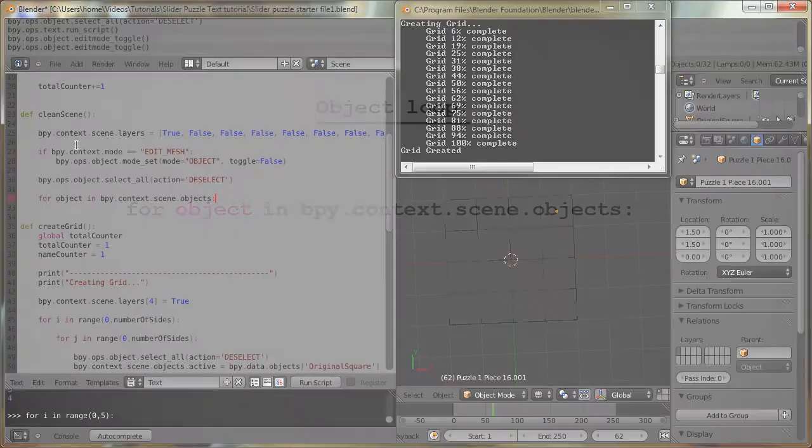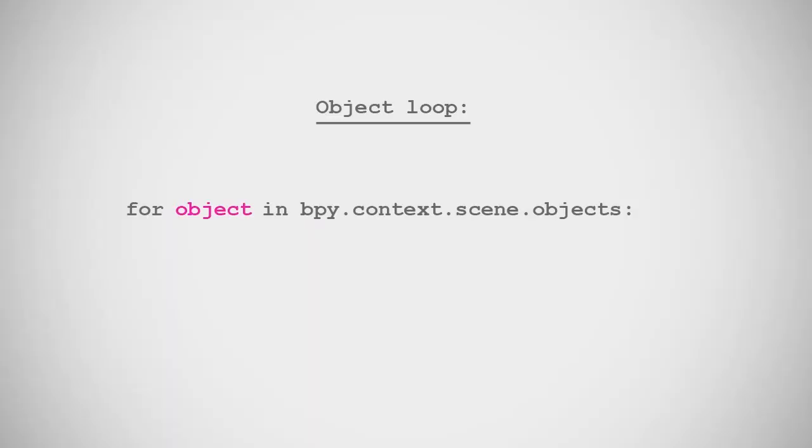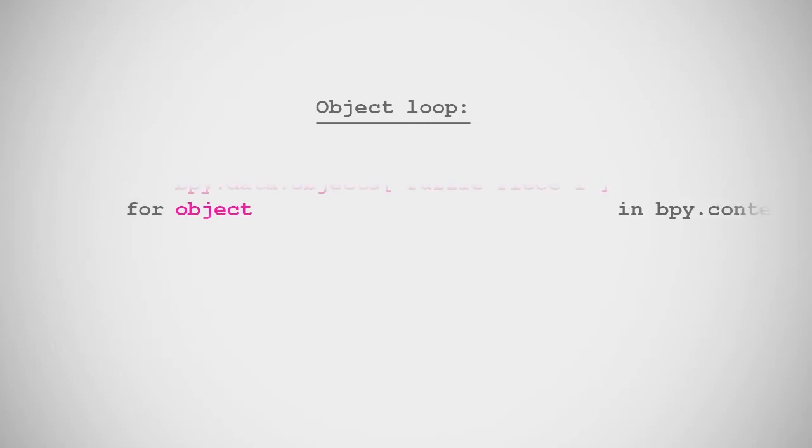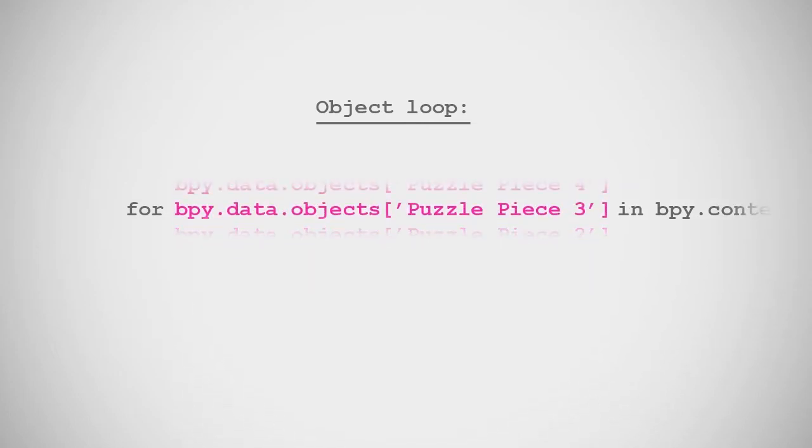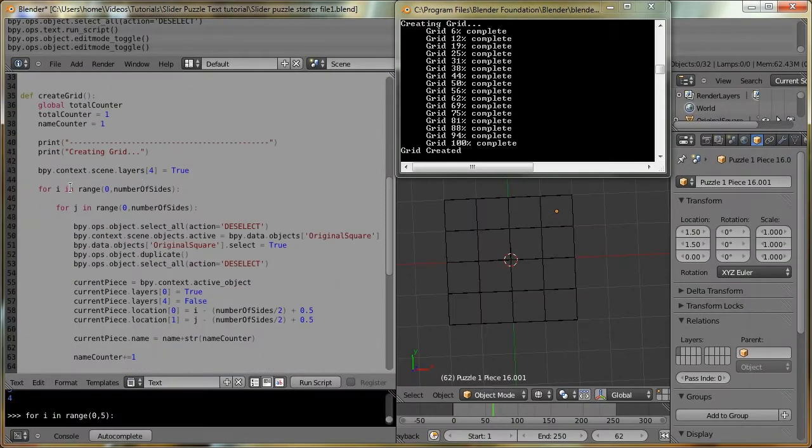So what I'm basically saying is loop through this list of scene objects, and each time this runs, it's going to load that object into this variable here. In the same way that when we did for i in range, the range number was loaded into this i variable, and we were able to use it as part of the location.